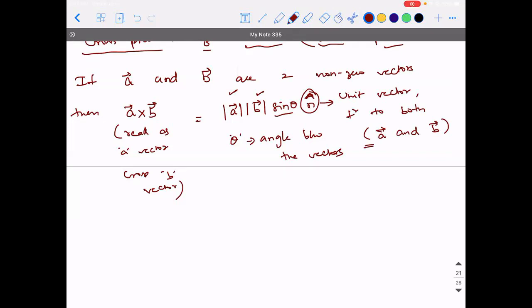Clear, guys? See, beyond this, I cannot go because I told you it's a lengthy derivation. So I have made a video on this particular concept, with proper visualization and all those things. I'll share the link in the group today.